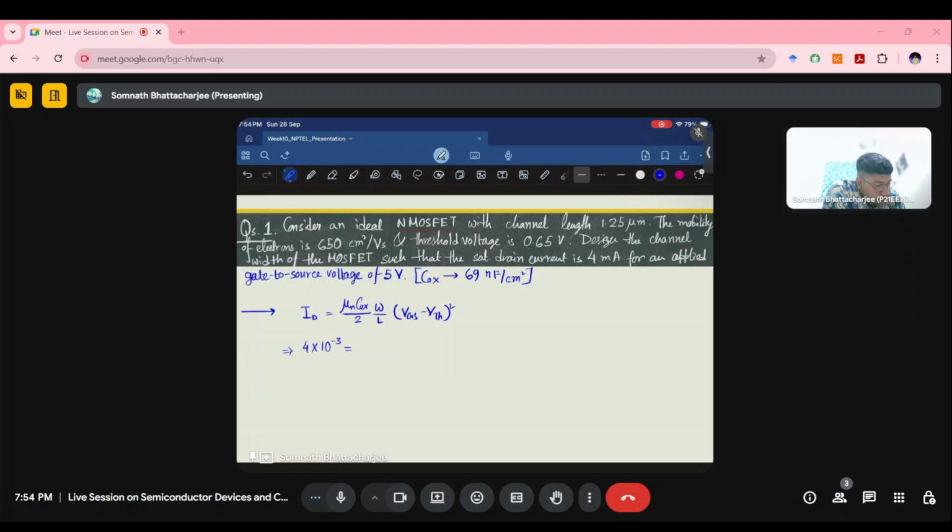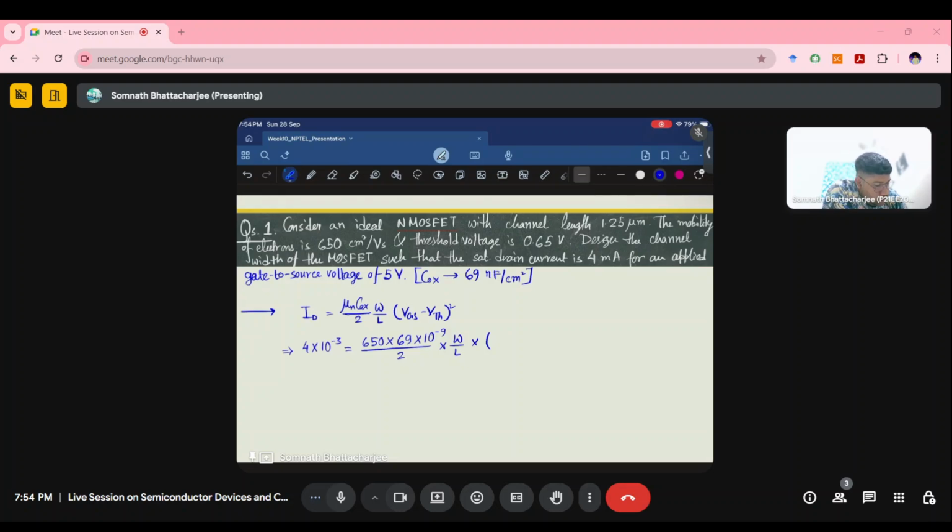μn, the mobility, is 650. So 650 multiplied by Cox. Cox is given, yes. So 69 nanofarads, divided by 2, multiplied by W by L. For now we are just keeping it as W by L, and we'll multiply by L afterwards.